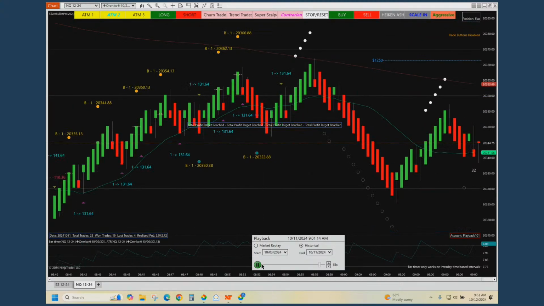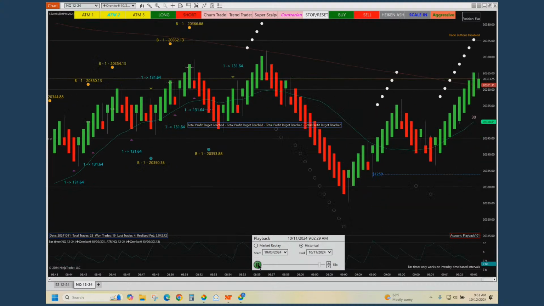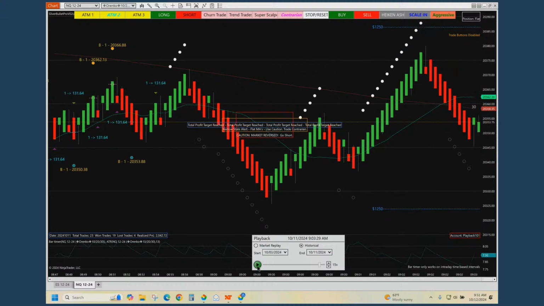And one more thing I want to tell people: around 9 a.m. Central, we should try and avoid trading, because at 9 o'clock, there are huge institutional orders, and there is a lot of fluctuation back and forth in the market. As you see here, the market fluctuated. If you are trading in that time period, the software is not going to take the trade because it reached the profit target and the trade buttons have been disabled automatically.